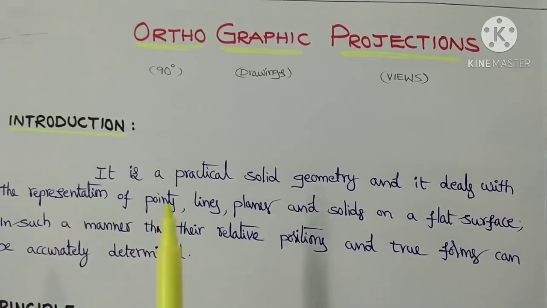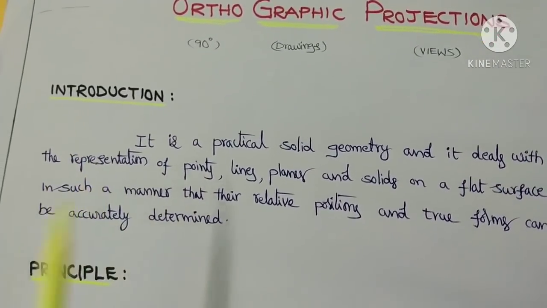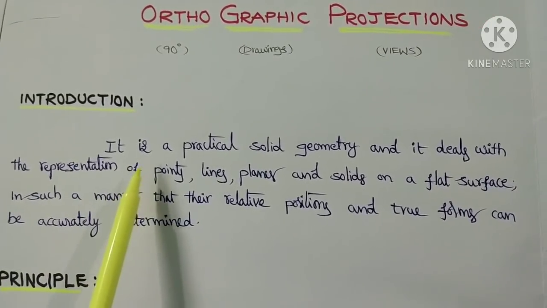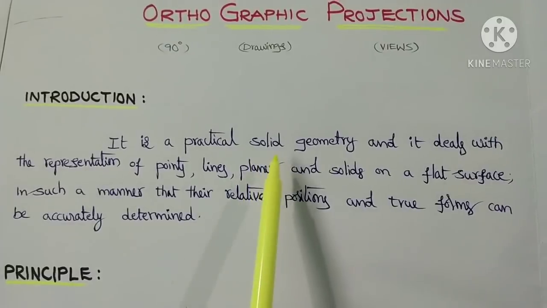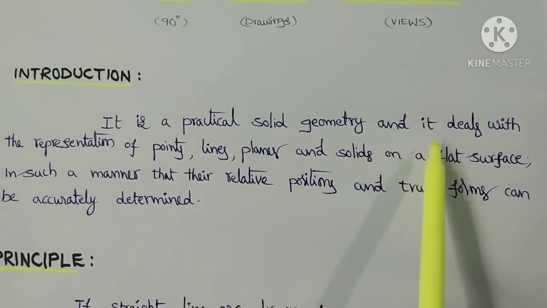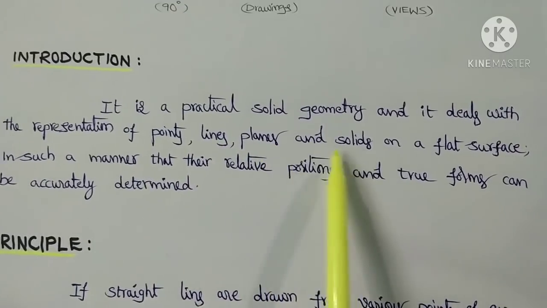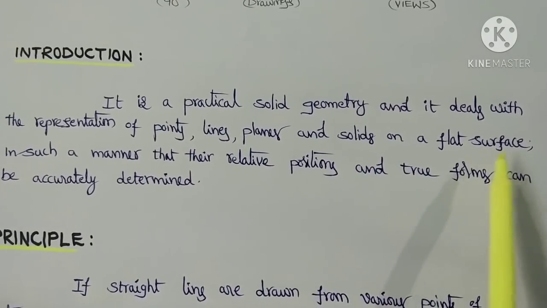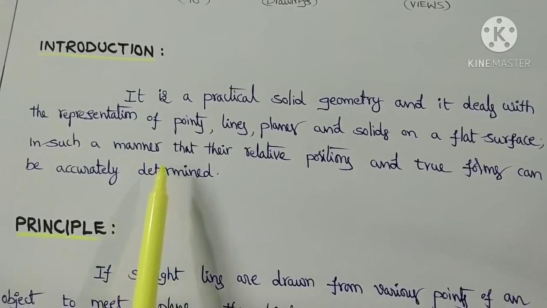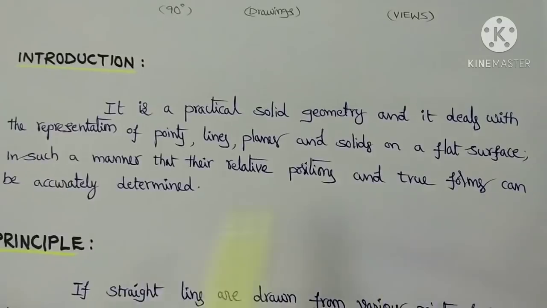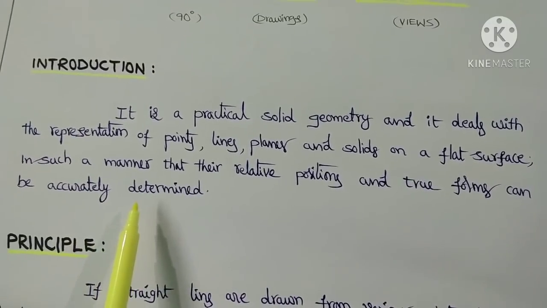So now we can see the introduction to orthographic projections. It is a practical solid geometry and it deals with the representation of points, lines, planes and solids on a flat surface in such a manner that their relative positions and true forms can be accurately determined.